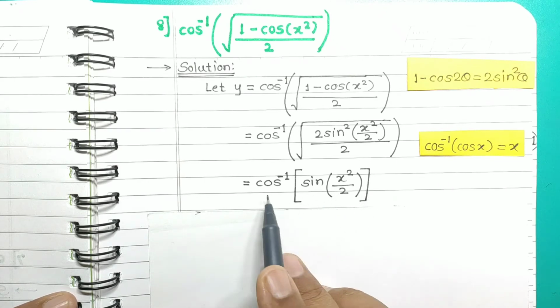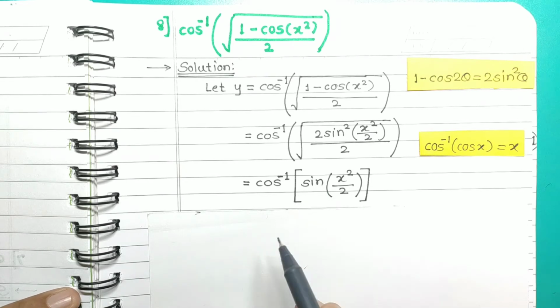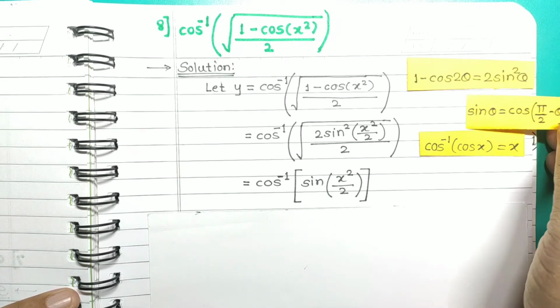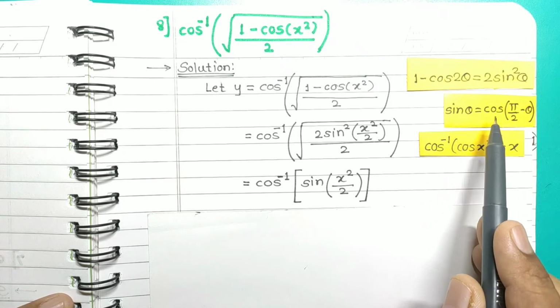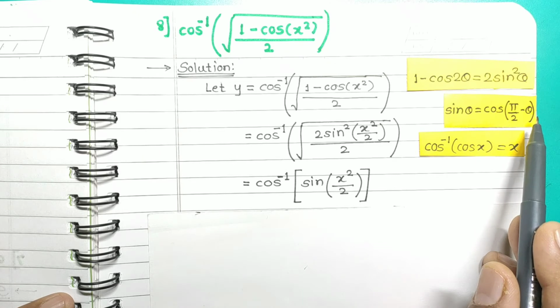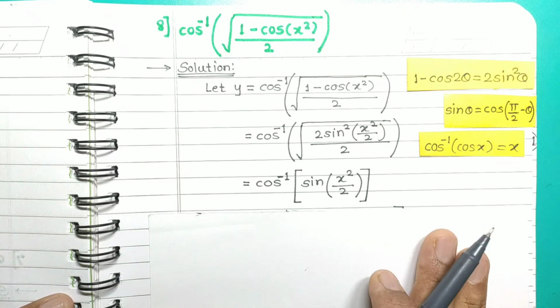So let's convert this sine term to cos by using conversion from allied angles. We can write sine theta as cos of pi by 2 minus theta. So using this formula, let's convert this sine term.